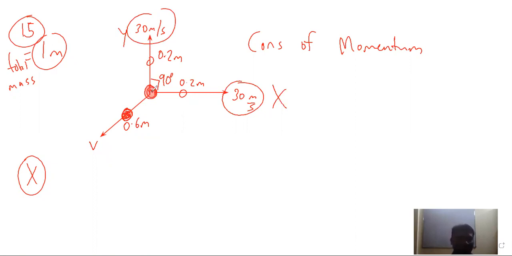So let us take the components of this velocity v. If I consider this angle as theta, then this component will be v cos theta and this component will be v sin theta.